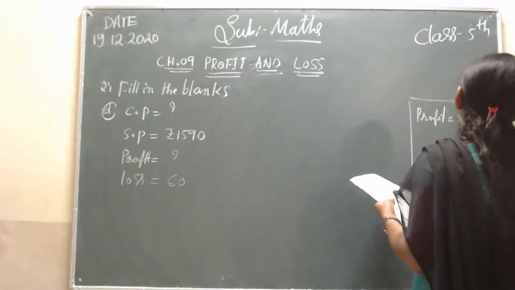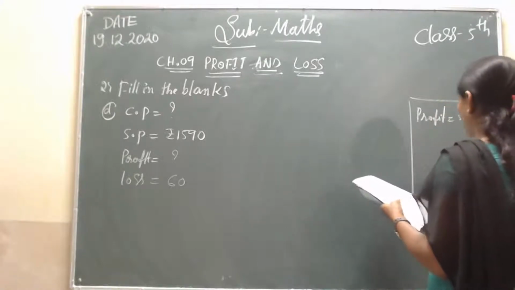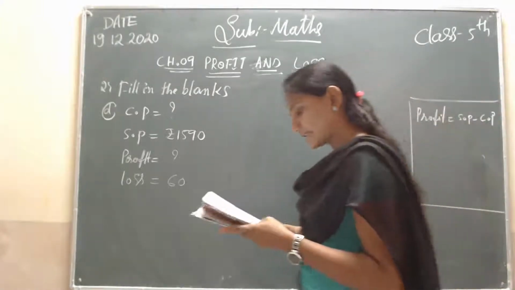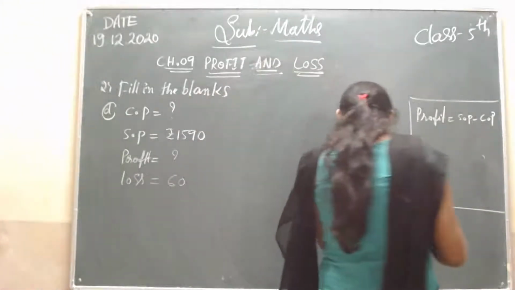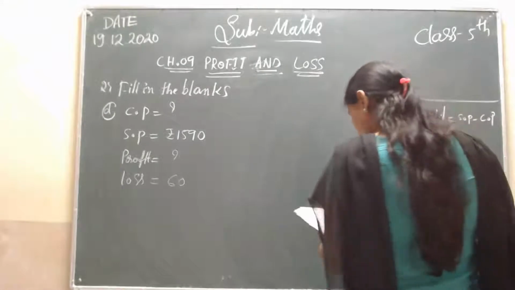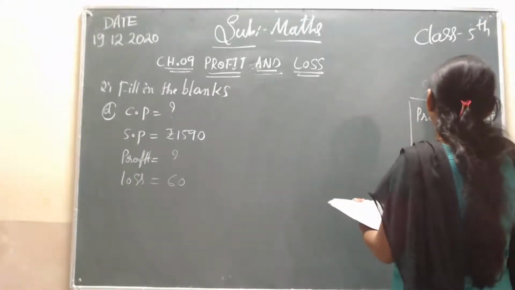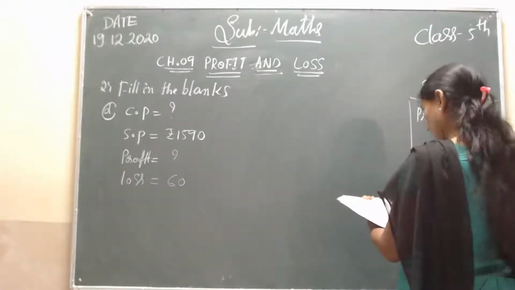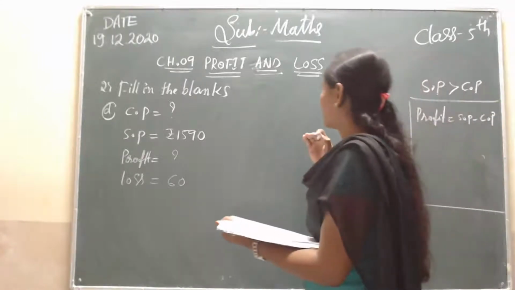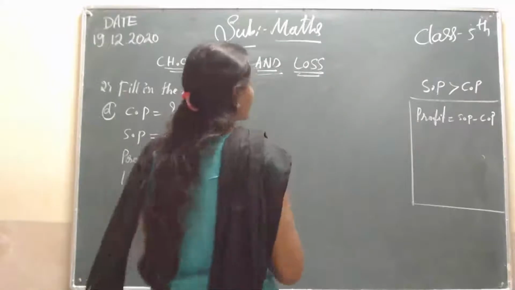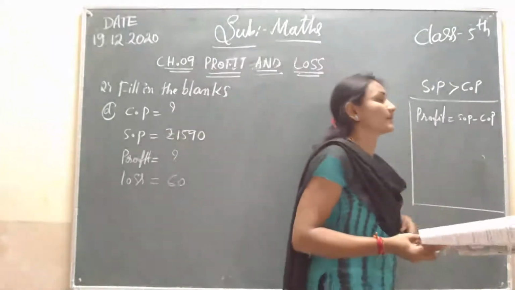Profit is equal to SP minus CP. SP is the selling price and CP is the cost price. We compare SP and CP. If SP is greater than CP, then profit is equal to SP minus CP. How to use the formulas?